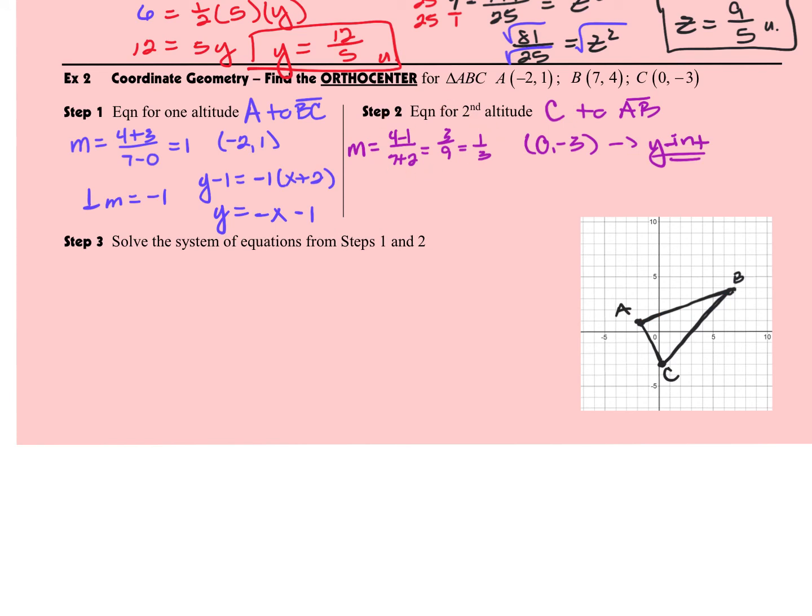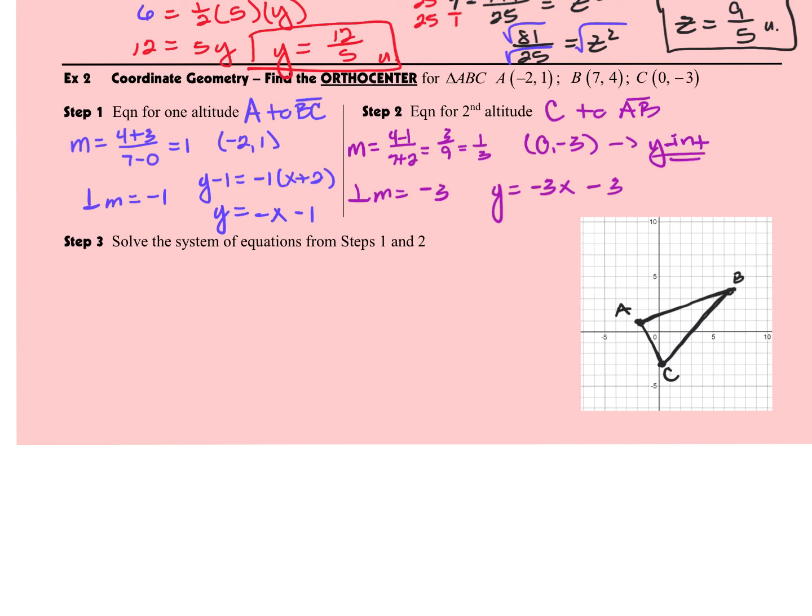We've been doing it for a while. So my perpendicular slope is going to be -3. So now I know my y-intercept is going to be (0, -3). My slope is -3. That's a nice coincidence. So my equation is y = -3x for my slope, minus 3 for my y-intercept.